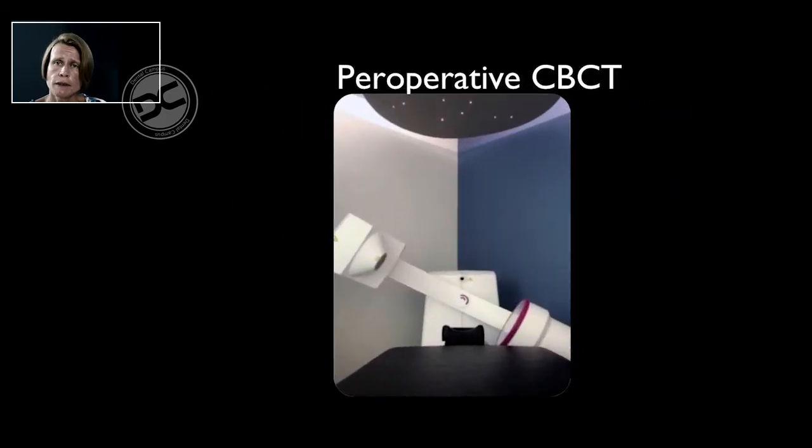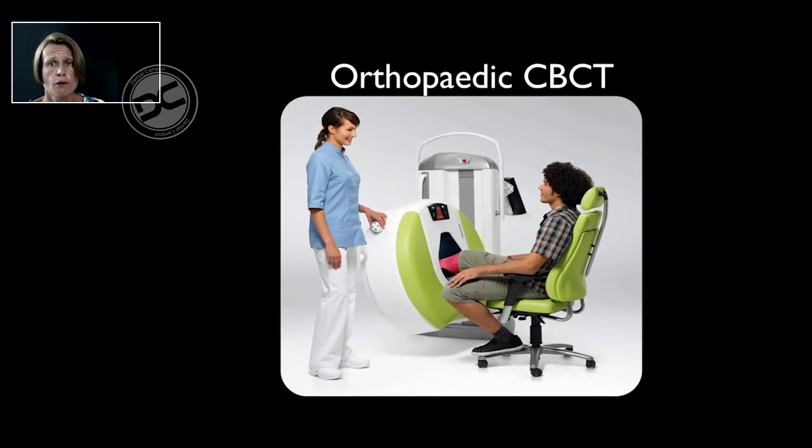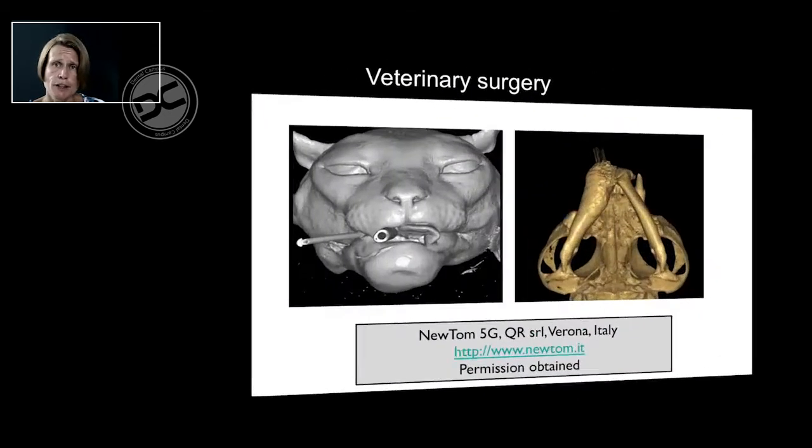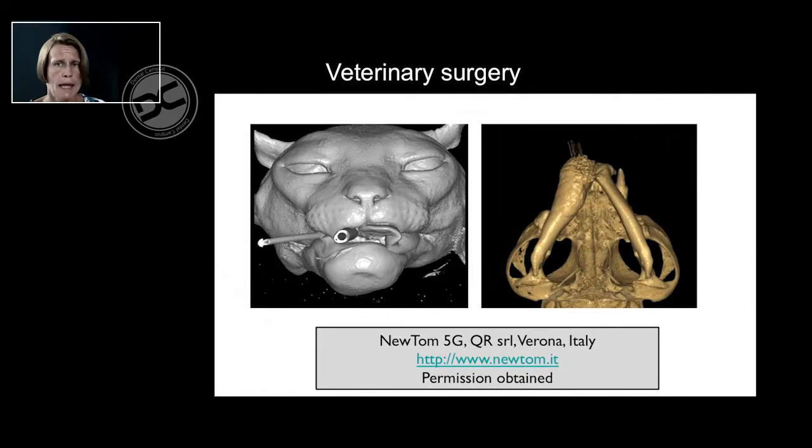Furthermore, cone beam CT is also very popular in the perioperative setting, as it can freely move around the patient's head. Furthermore, it is also popular in the orthopedic or the emergency setting for fracture imaging. And another field where it has become increasingly important is the field of veterinary surgery, as it offers 3D images at a low dose and in a compact size, low-cost machine.